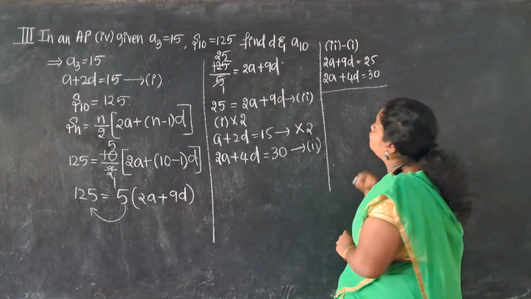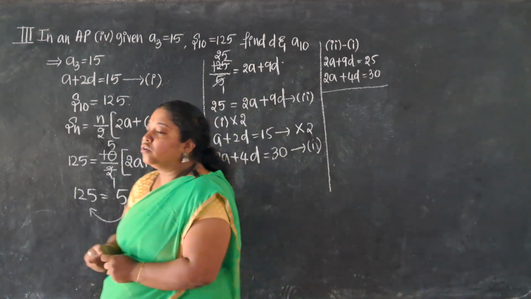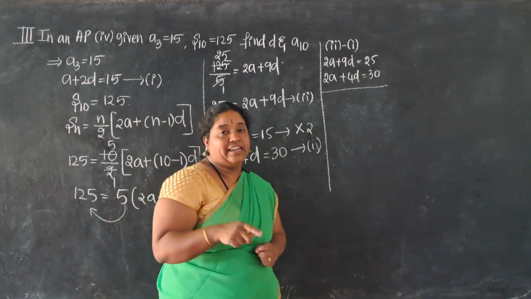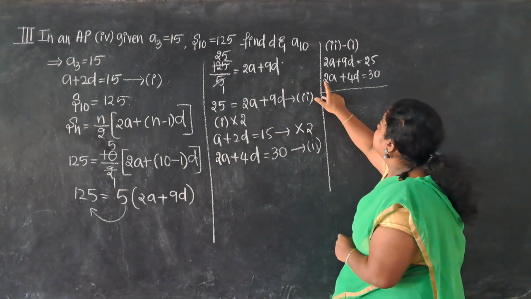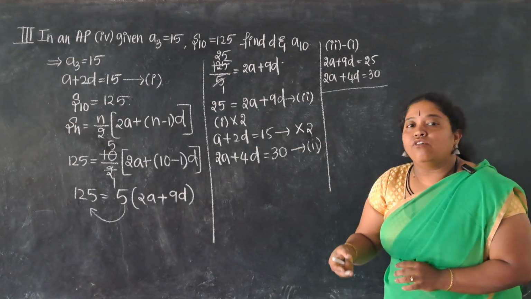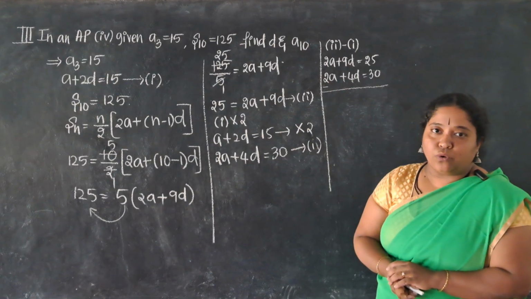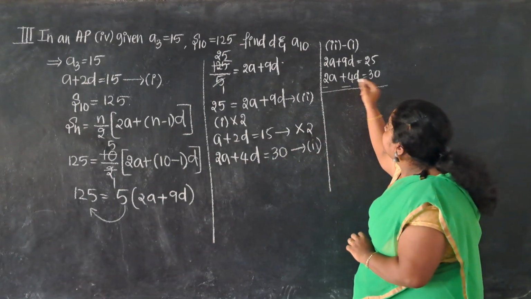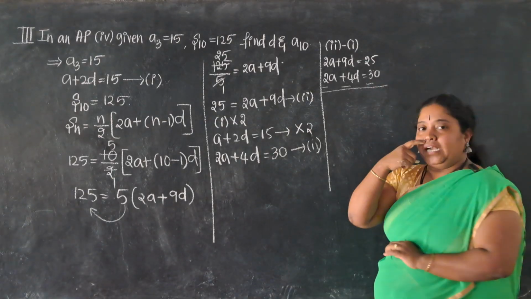Whenever I go for subtraction, what do I do, dears? Subtraction means I have to change the sign of the second equation. So what is the sign here? Positive, positive, positive. I have to change the sign. Positive 2A becomes negative 2A, positive 4D becomes negative 4D, positive 30 becomes negative 30.